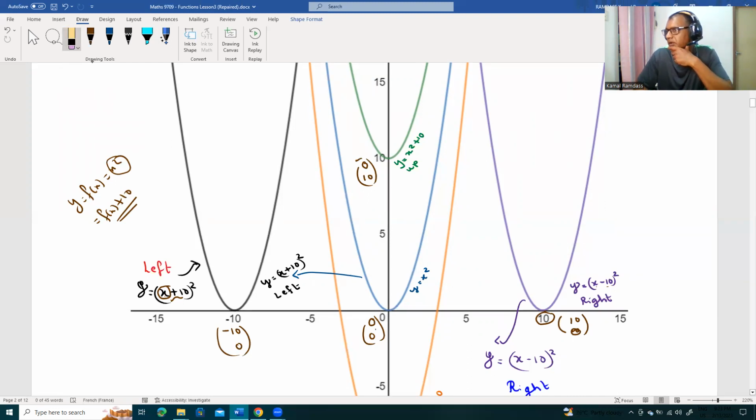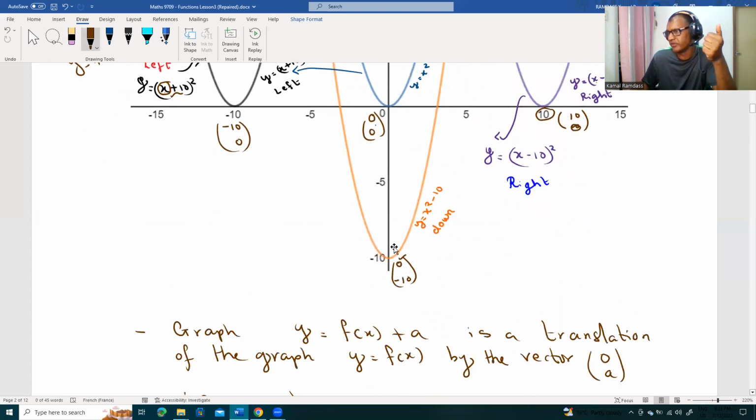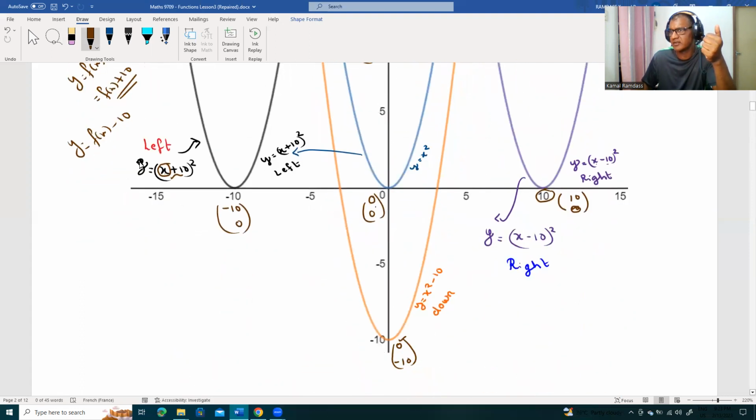Et si j'ai envie de baisser par 10, je fais y is equal to f of x minus 10. Ça veut dire baisser par 10 units, ou bien translate downwards by 10 units. Et là, 0, 0 devient 0, moins 10. Bon, si j'ai envie d'aller à droite, on fait y is equal to f of x minus 10.